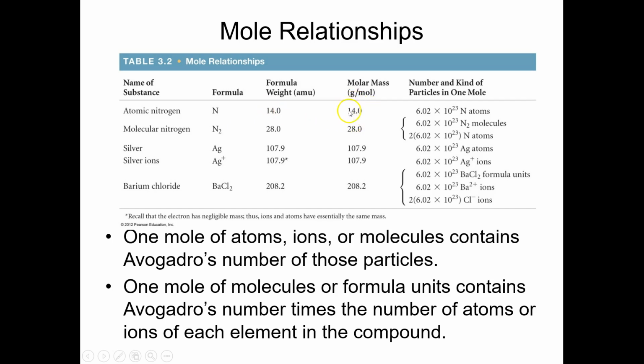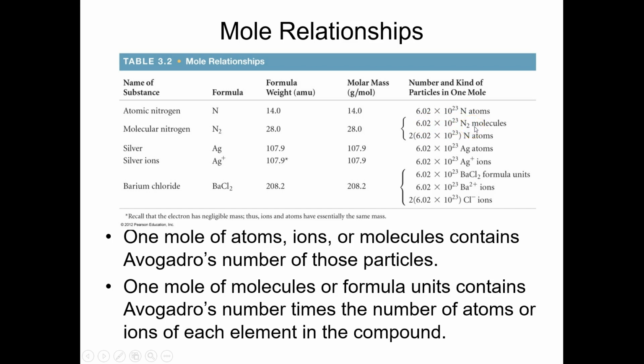Therefore, a mole of nitrogen weighs 14 grams, and that's 6.02 times 10 to the 23rd nitrogen atoms. A molecule of nitrogen, because it's got 2 nitrogen atoms, weighs 28 atomic mass units. A mole of nitrogen gas weighs 28 grams. Again, I've got the same thing, 6.02 times 10 to the 23rd nitrogen molecules.